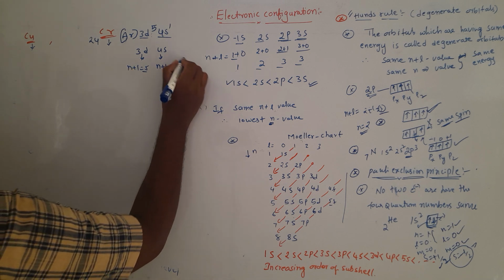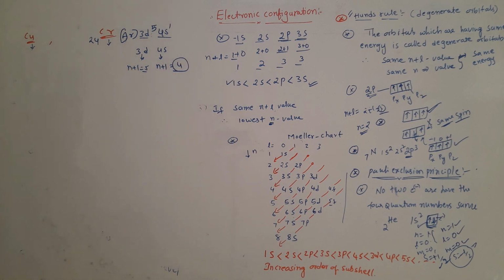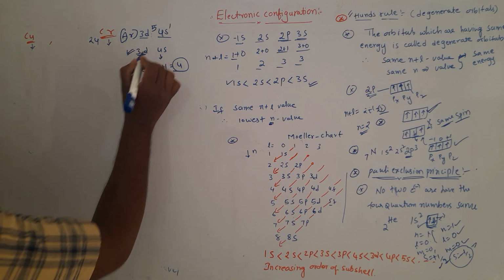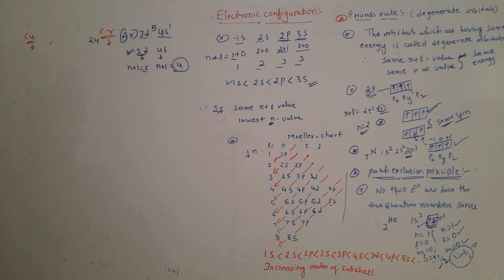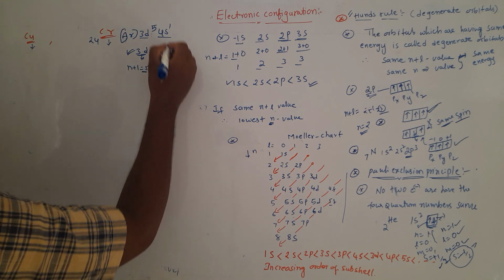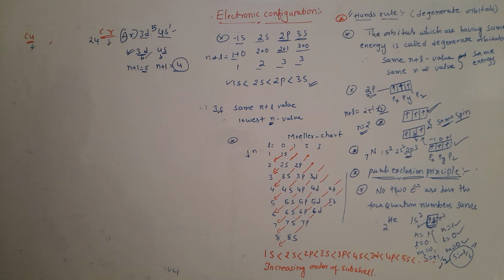So 4s is having the lowest n plus l value, but we are filling the electron in 3d. First, without completely filling the electrons in 4s, we are filling 3d.